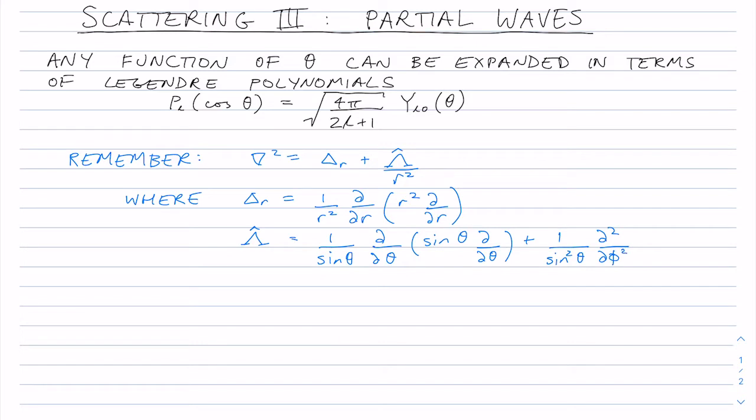So this is the expansion of the Laplacian that we first made when we were looking at the three-dimensional Coulomb problem. And the advantage of doing it in spherical coordinates is that we can separate out the part that depends on the radial direction from the part that depends on the angular directions. And then we can define the spherical harmonics YLM.